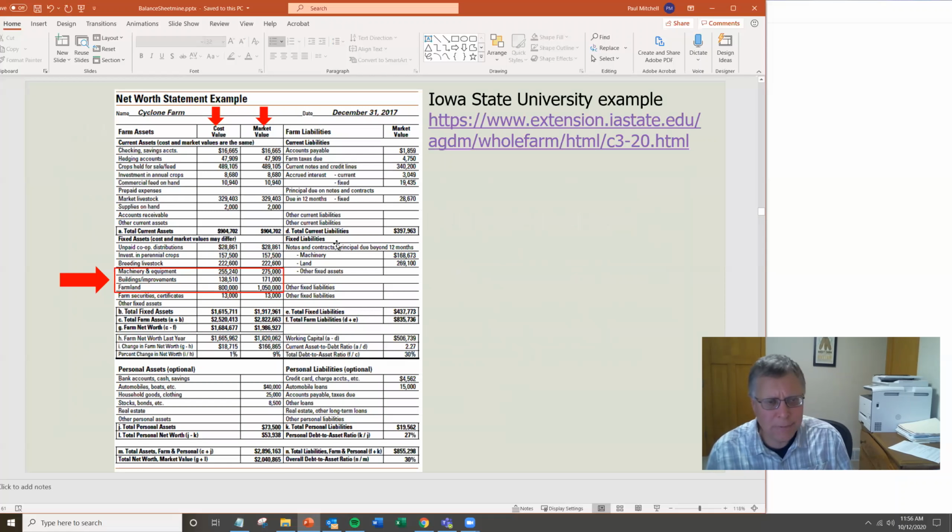So here's an example from Iowa State University. It's dated December 31st of 2017, but you see the double column here, cost valuation and market valuation. Liabilities are always at the market value, but the asset values are at both. What you'll see here is they're all the same except for these three. For machinery and equipment, the cost basis is lower than the market basis.